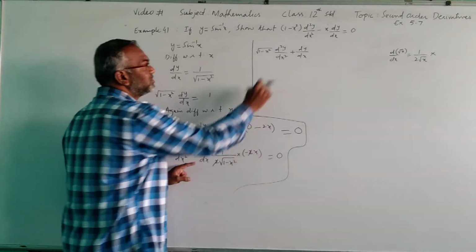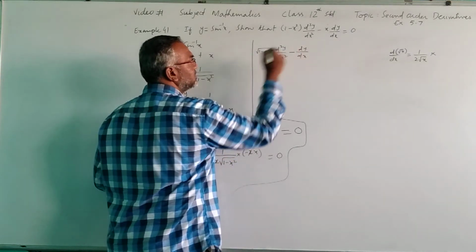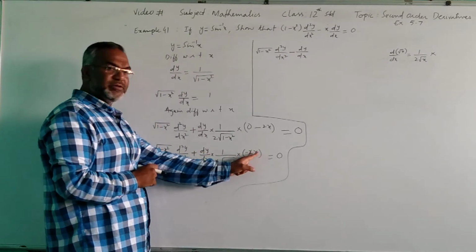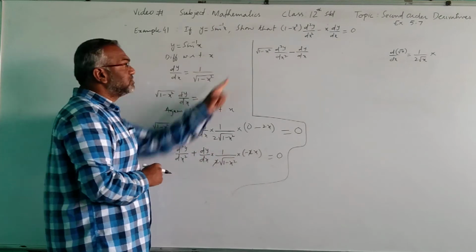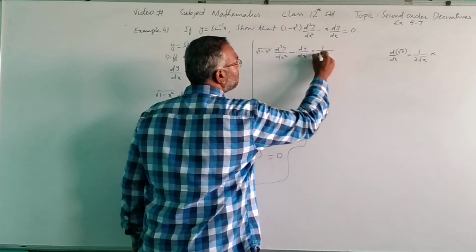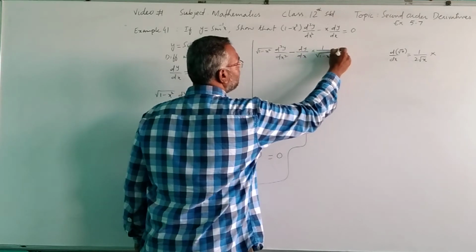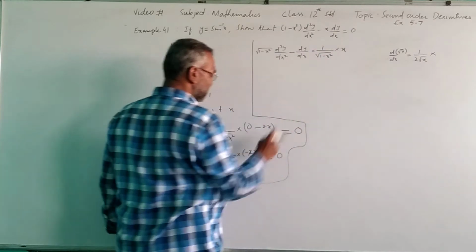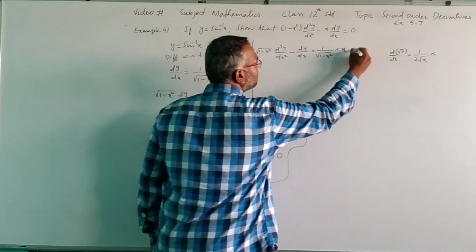Plus into minus becomes minus, since they are all in multiplication. So dy by dx into 1 by root 1 minus x square into x, the 2s cancelled, is equal to 0.